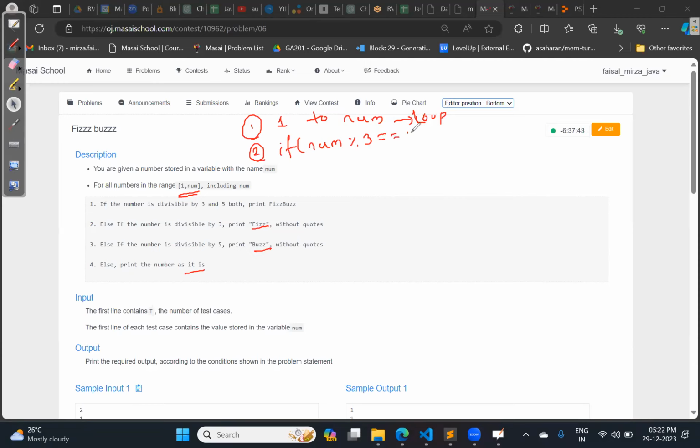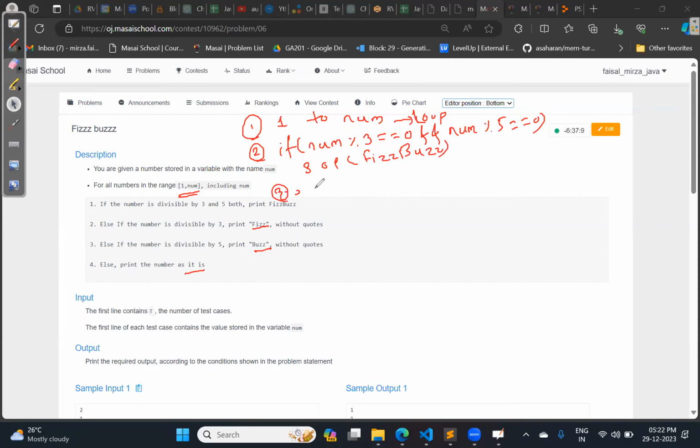Num mod 3 equals to 0, and, because and is there, we apply the and condition, num mod 5 equals to 0. Then it prints fizzbuzz.